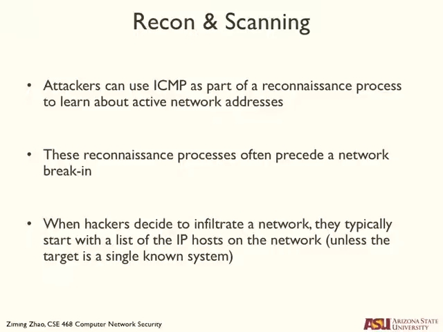Some systems may respond very fast, some very slow. Some systems, when they respond, will put something in the ICMP data field, and other systems may reply with a different payload. We can use that to fingerprint what system is running on this IP address. So then decide what kind of attack strategy we are going to use later.